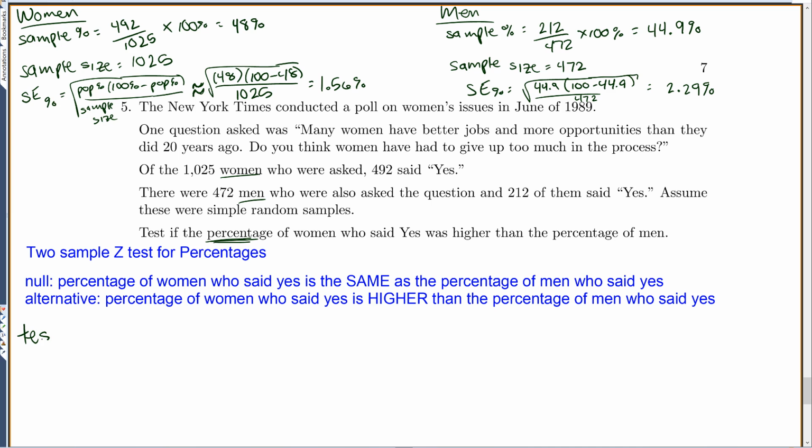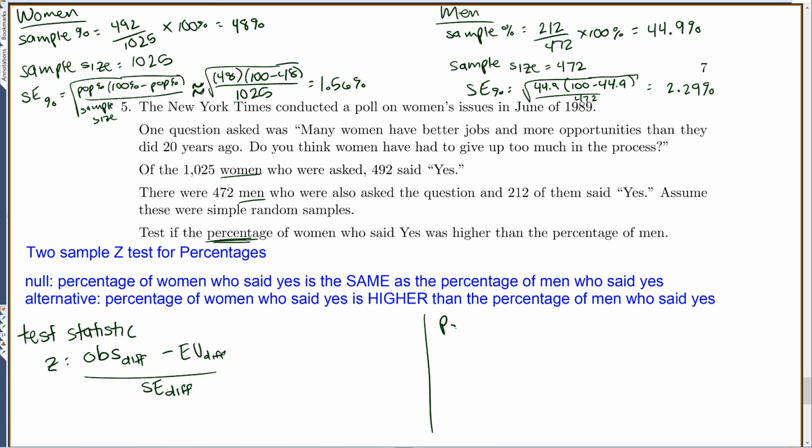Next step is your test statistic. Z is supposed to be equal to your observed. Now we're talking about differences, so I could write difference minus the expected value of your difference over standard error of your differences. But I haven't found any of those, so let's find them over here in our preliminary work. You need an observed difference.